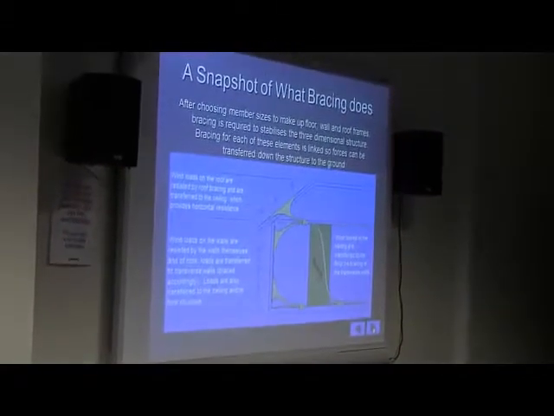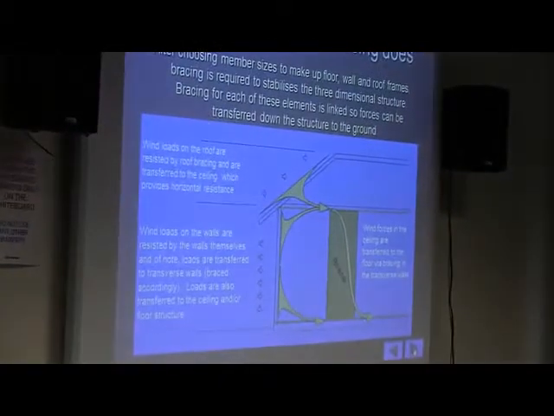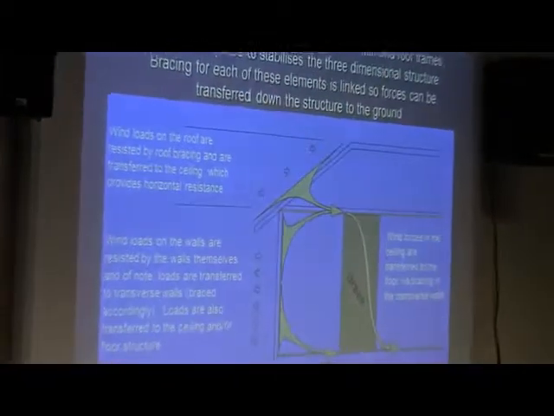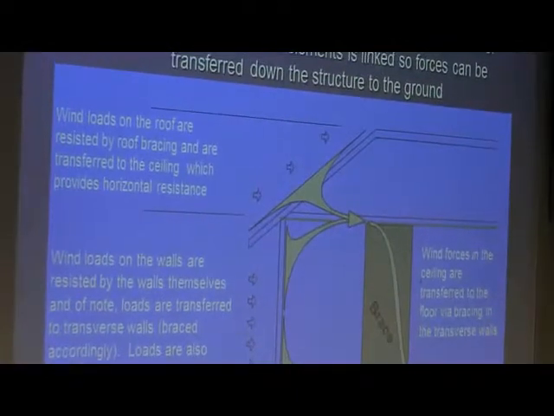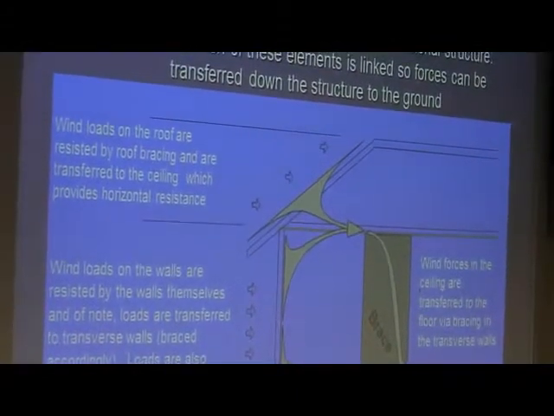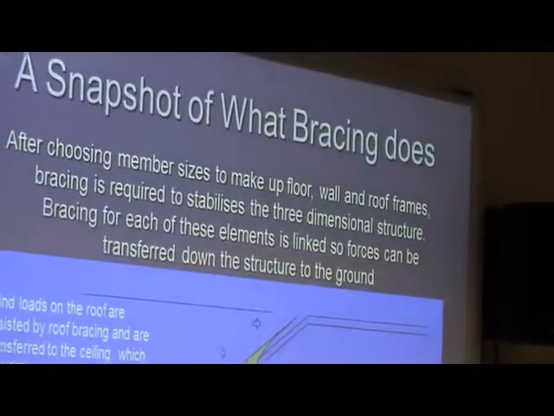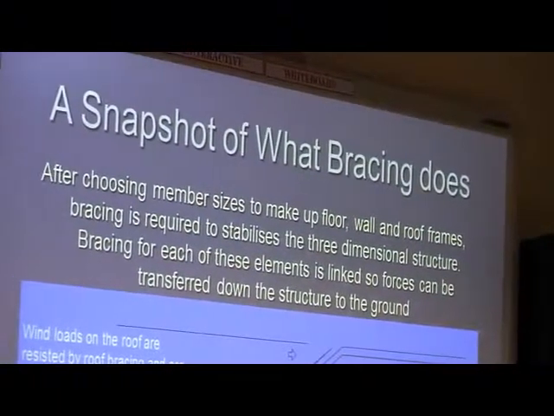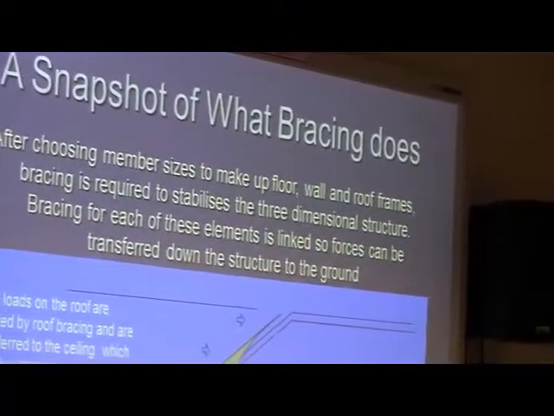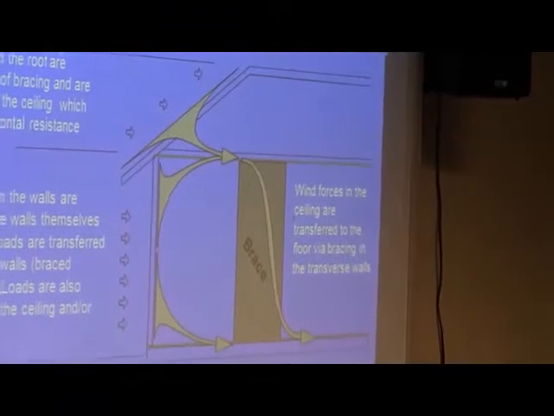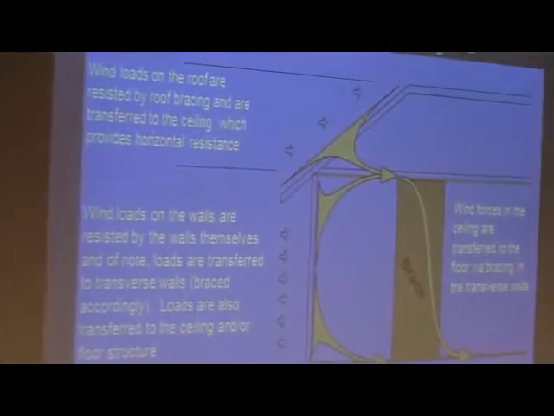And of course bracing is resisting wind loads, so it's resisting those wind loads which produce braking forces or racking forces that can cause overturning, sliding, structural collapse. So bracing is put onto the walls and also into the roof to stop all of those things happening with wind load. Okay? Wind loads on the roof are resisted by roof bracing, and that transfers the loads to the ceiling, and that is transferred then to the top plates and into the walls.